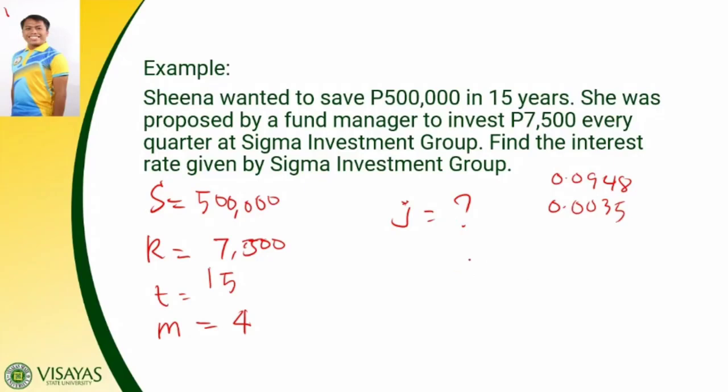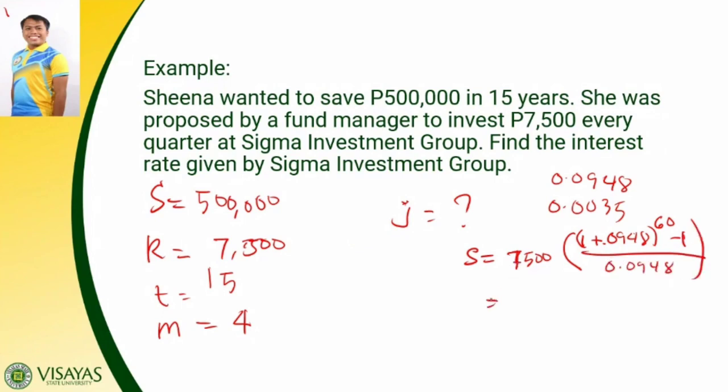To find S, in the formula, 7,500 times 1 plus 0.0948 raised to 60, since 15 times 4, minus 1 over 0.0948. This is approximately equal to 18,048,483.6.